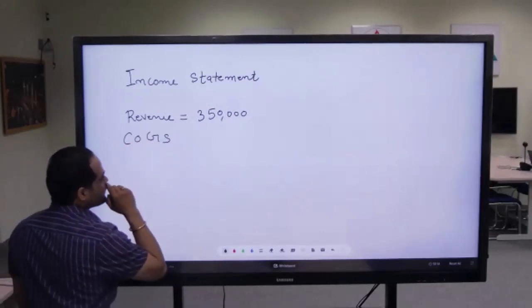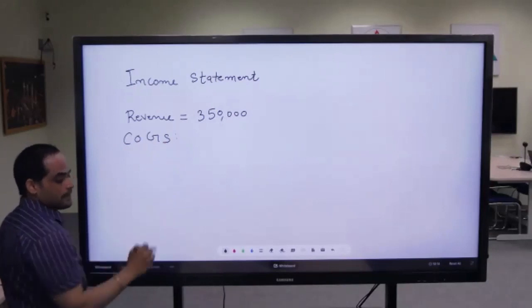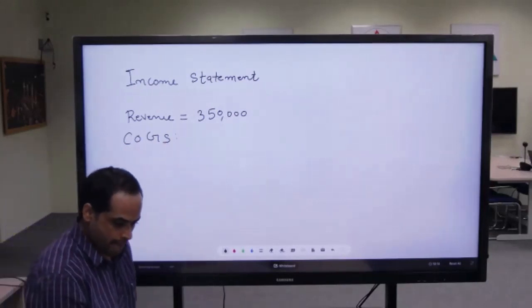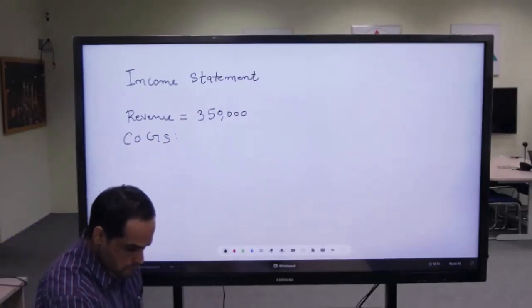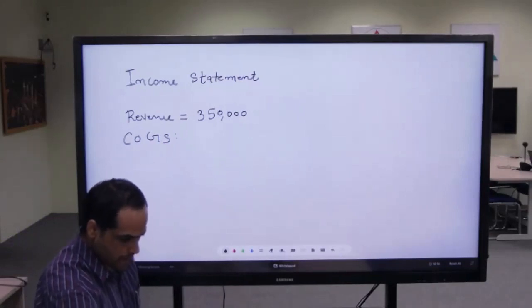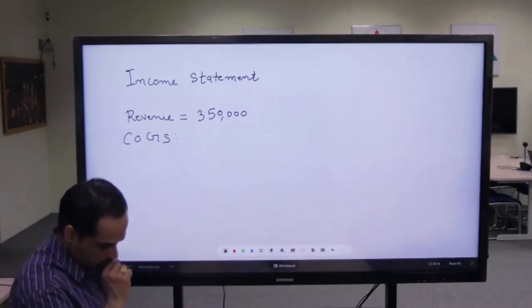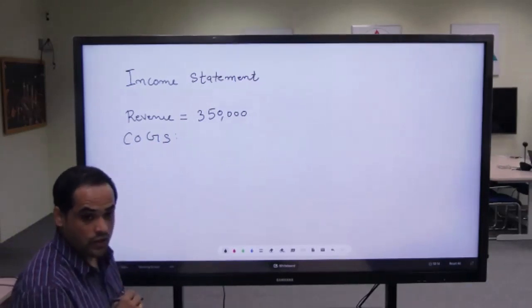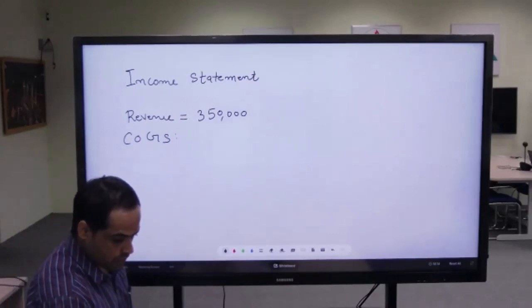And what is your cost of goods sold? How much is cost of goods sold? Anybody, give me your cost of goods sold. 170? No. Cost of goods sold is not 170.